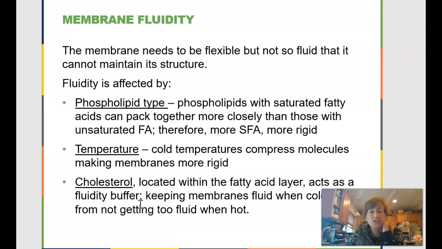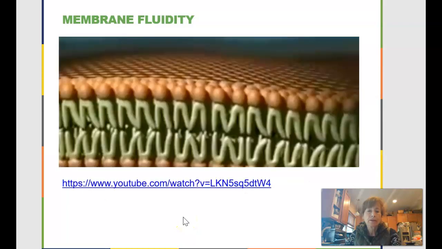We think of cholesterol as a good guy here, because it's a lipid embedded in the membrane that keeps it stable, so it doesn't fall apart and doesn't get too stiff when it gets cold. That's a stabilizer. The little video on OpenStax that you're reading will show you a pretty nice animation of that fluid nature of the membrane.